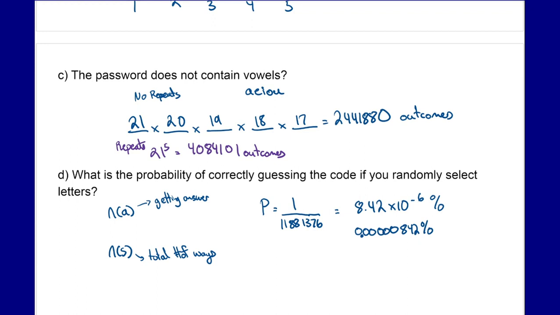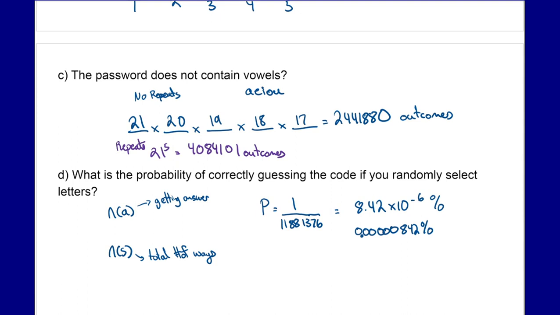If you only allowed a password containing no vowels and no repeats, you only have roughly 2.5 million possible outcomes. As a human, trying to guess what that password could be would be very difficult. However, if you have a computer that will randomly generate and enter the different passwords, that's a different story. A computer could probably come up with those outcomes relatively quickly, depending on the program or the computer.